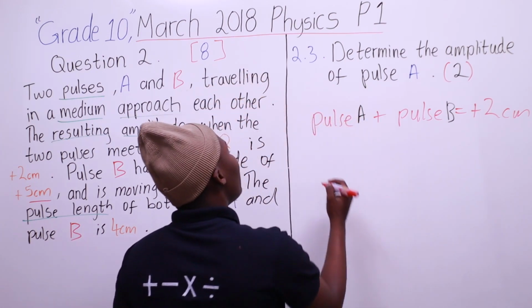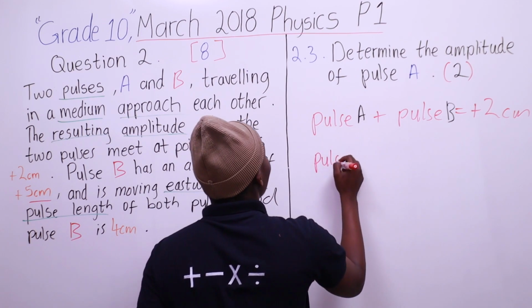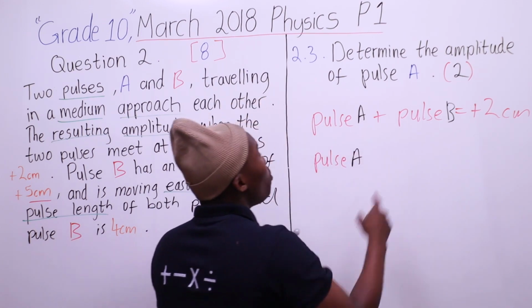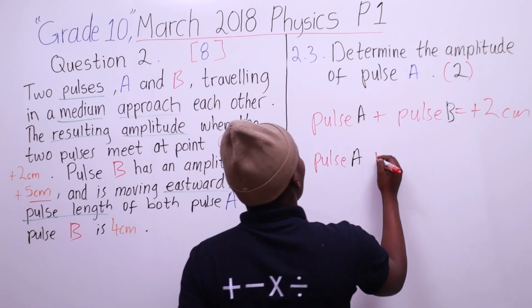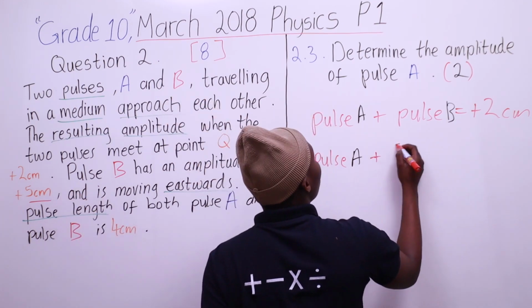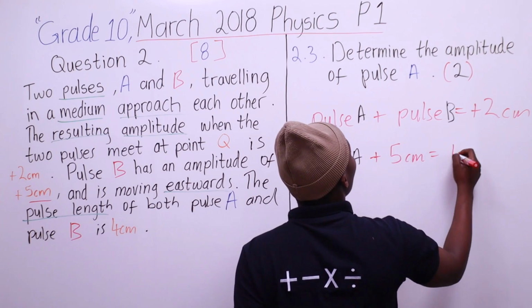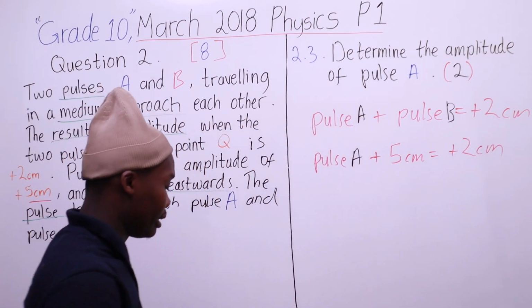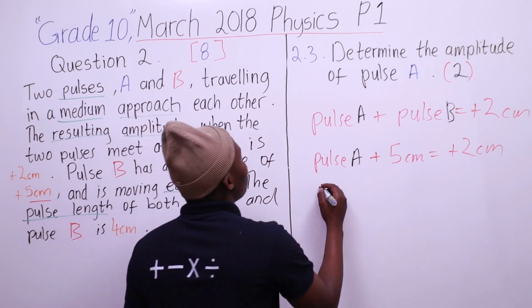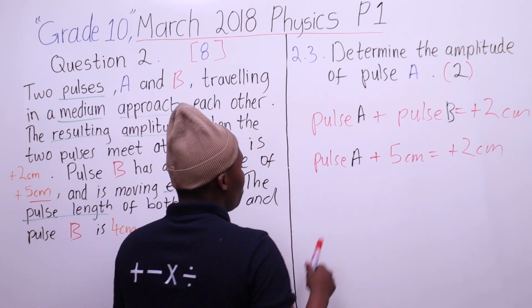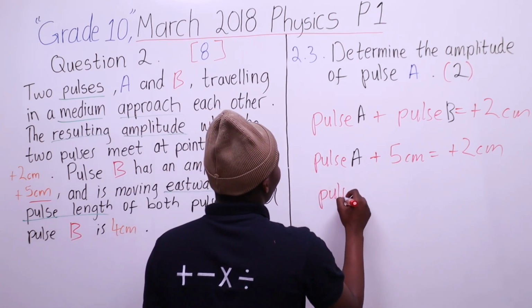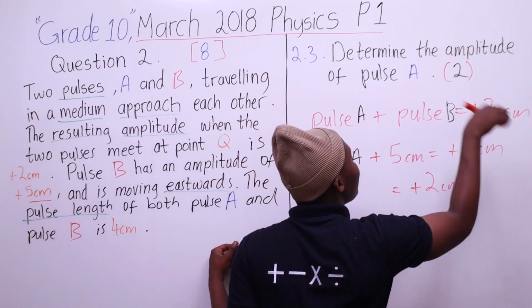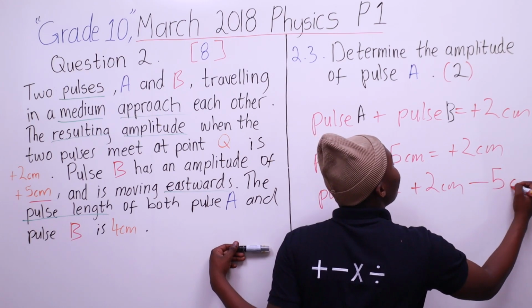But the amplitude of pulse A, B we know, must change to positive 5. So positive 5 centimeters is equal to positive 2 centimeters. So now we need to solve for pulse A. So the amplitude of pulse A is equal to positive 2 centimeters minus 5 centimeters.